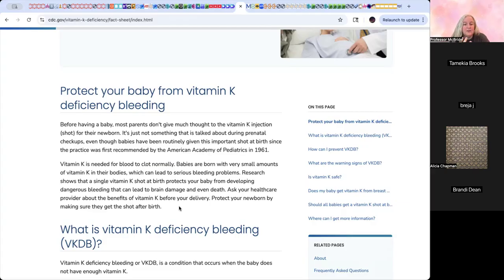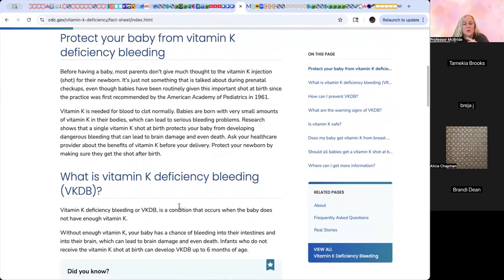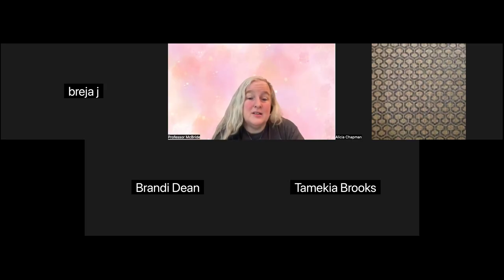Babies that don't receive the vitamin K shot have a higher risk of vitamin K deficiency bleeding, which can typically be in their brain and can cause brain damage. All right, so the idea for vitamin K is going to be hemostasis.